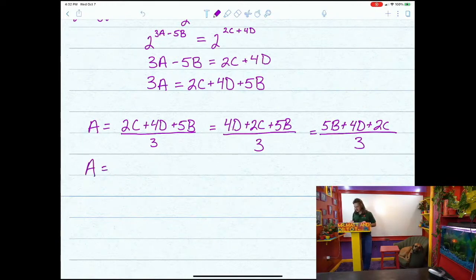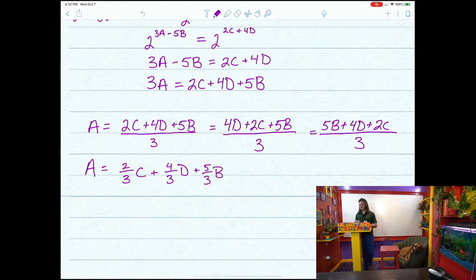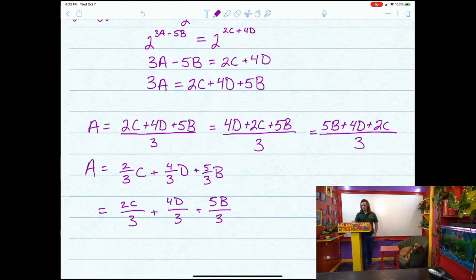So this could be like 2/3 times c plus 4/3 times d plus 5/3 times b. Those are exactly the same statements, which is the same exact thing as 2c over 3 plus 4d over 3 plus 5b over 3. So please make sure that you understand that all of those are the same exact thing, and they could all equivalently be the answer to this problem.